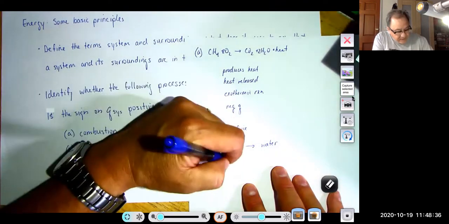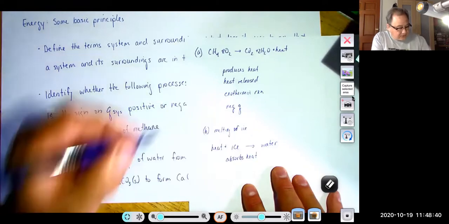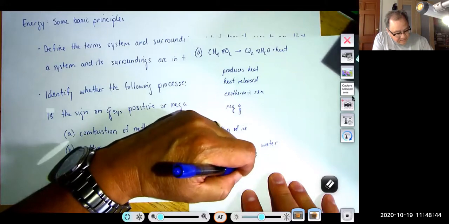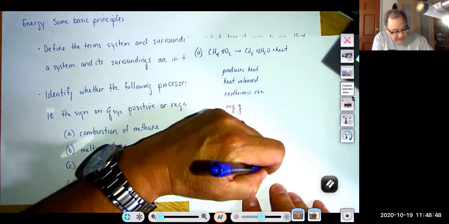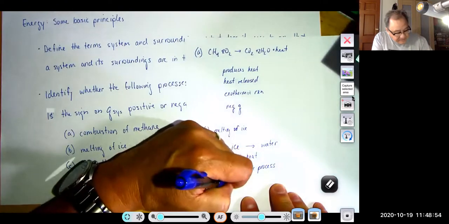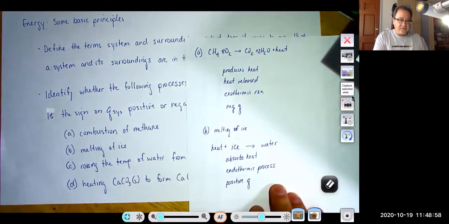So here, this absorbs heat. So that means that this is an endothermic reaction. Or I should say process, it's not a reaction. So this could be an event, if you will. And this is going to be positive Q. So that's B.